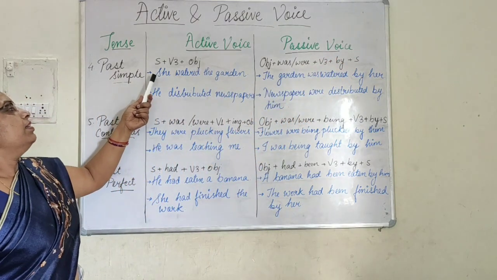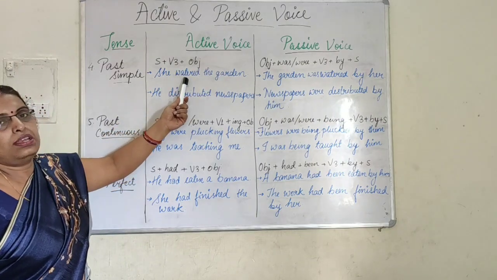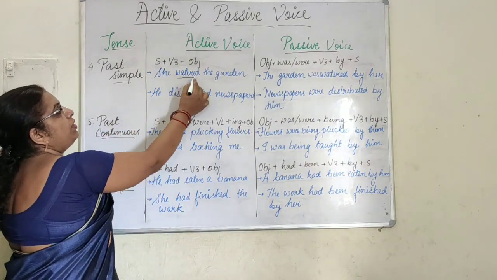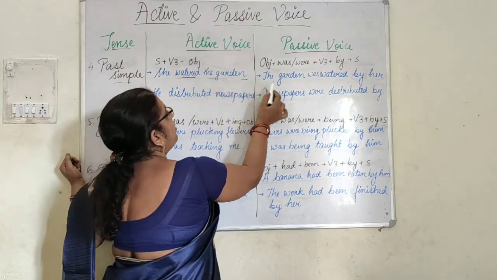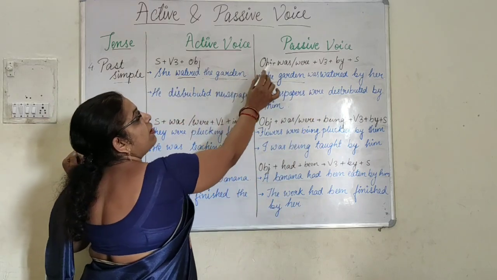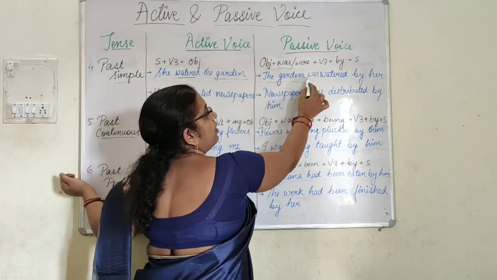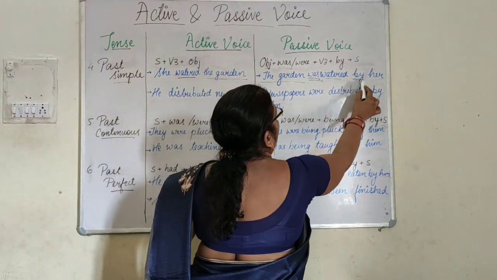See the sentence. She watered the garden. Subject, V3 form, then the object. The object comes in front, the garden. Then "was" is used, as it is singular: the garden was watered by her.